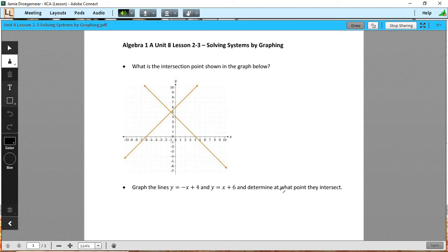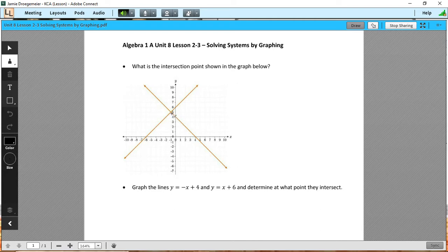And so when we look at these graphs, what we're looking for is where do those graphs intersect? So this first one, we have a graph of two lines, so two linear equations. We want to know where do they intersect. So we're looking for that point where they are crossing.